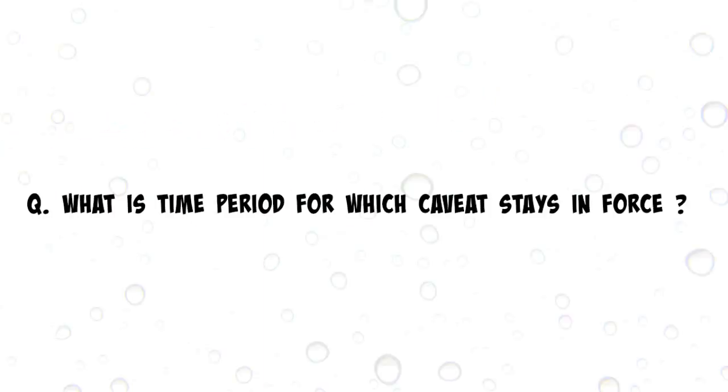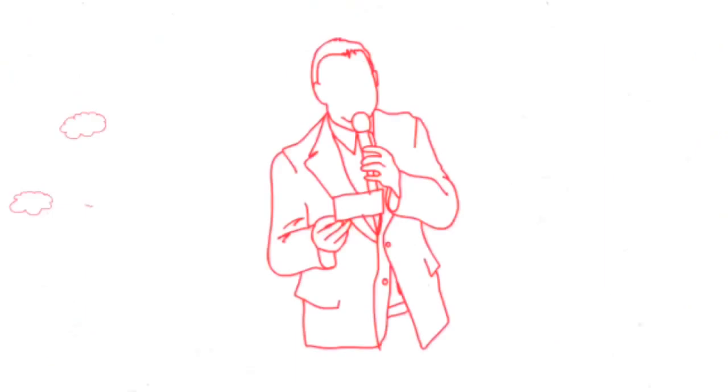The next thing is, what is the time period for which the caveat stays in force? As provided by the section in clause 5, the caveat stays in force for a period of 90 days. And if in this 90 days an application is filed, then the court has to give the notice to the caveator, and the applicant also has to give a notice to the caveator that, "Hello, we filed the application."